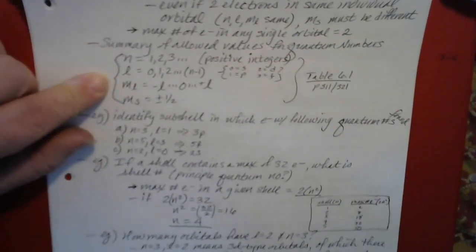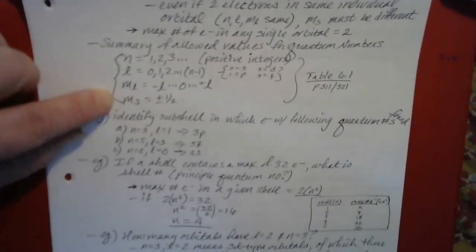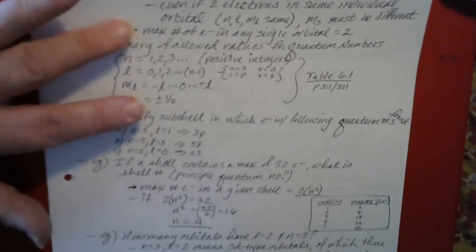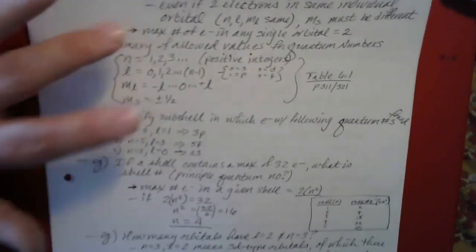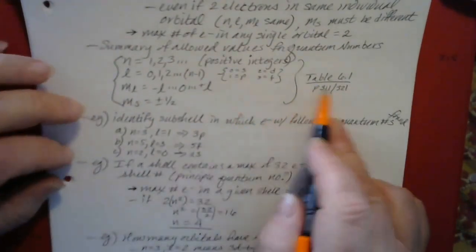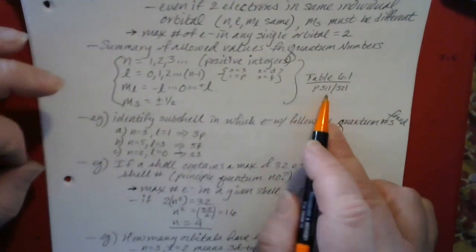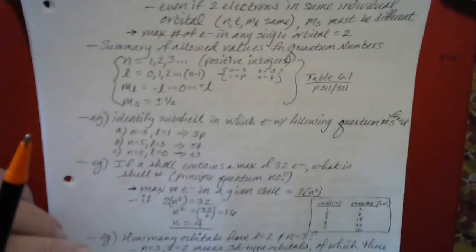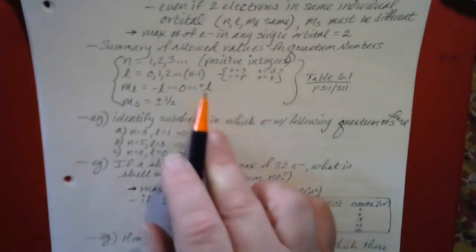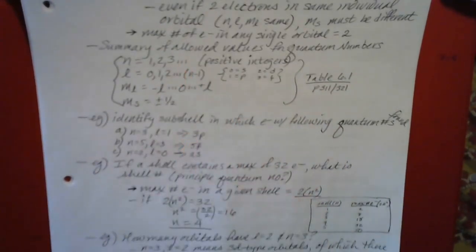I haven't seen anywhere in the book where all of this information is gathered in one place. This is a nice, concise way of summarizing what's allowed and what isn't allowed. A version of this is in table 6.1 on page 311 or 321, but I don't think it's quite as concisely stated as this is.